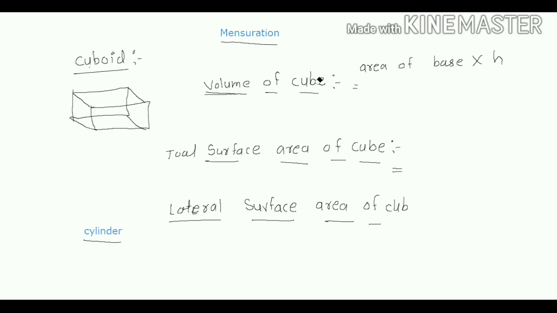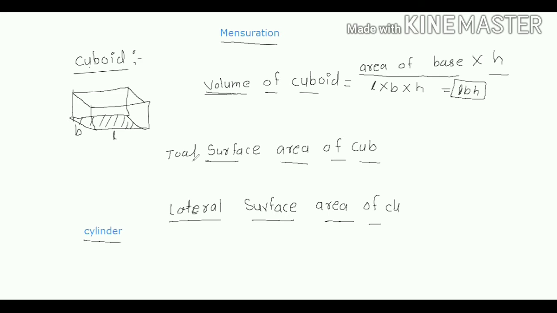Use the same formula for volume: area of the base into height. In the base of a cuboid there is a rectangle, so the area of the base is length into breadth. The height is written as it is. So length into breadth into height is the formula for the volume.